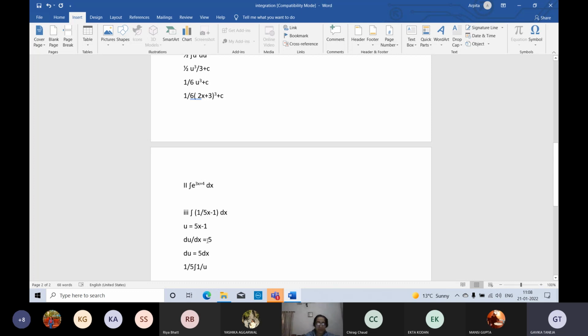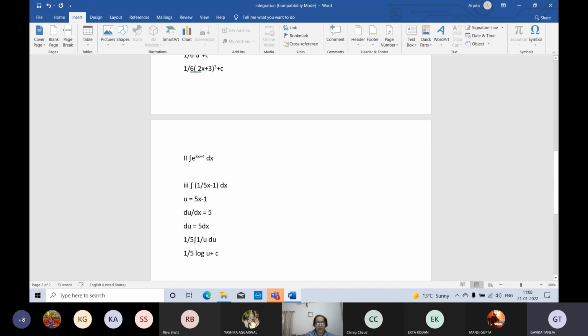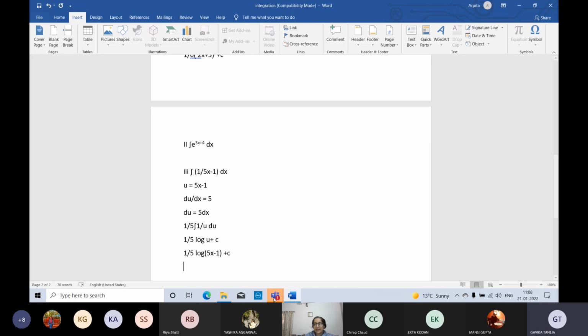So 5 dx is equal to du. So I multiplied by du. Log u, and I'm going to replace it, 1 upon 5 log of 5x minus 1. Is there a question? If there is a doubt, please ask. Okay, all right. So is it clear, everyone?